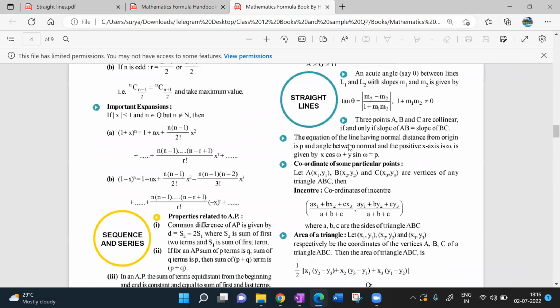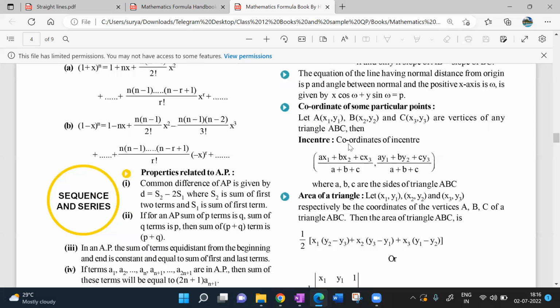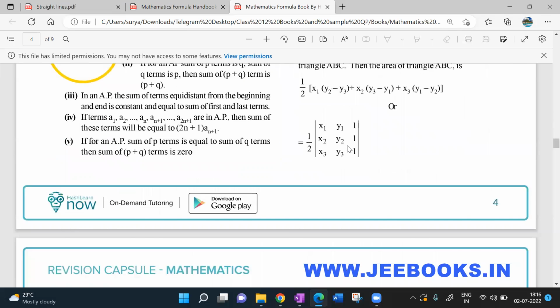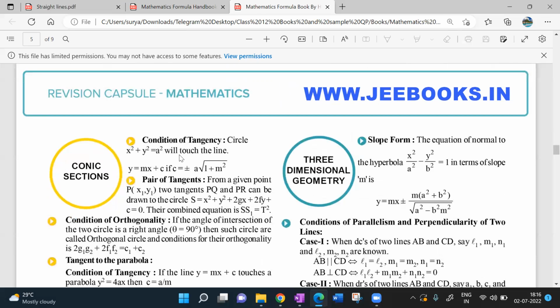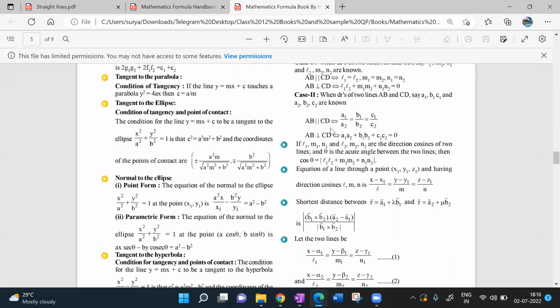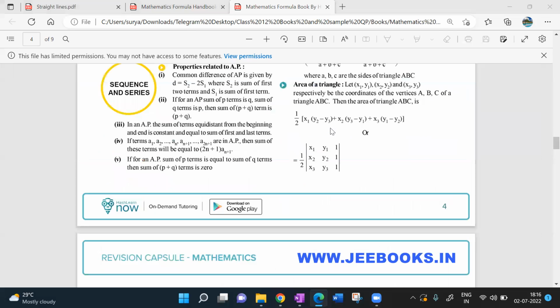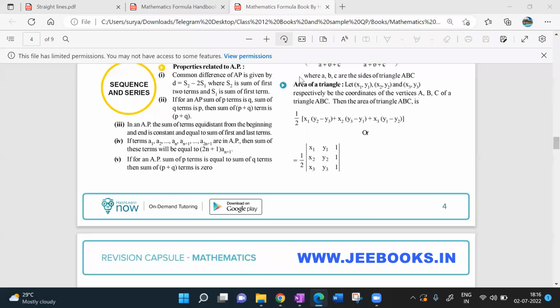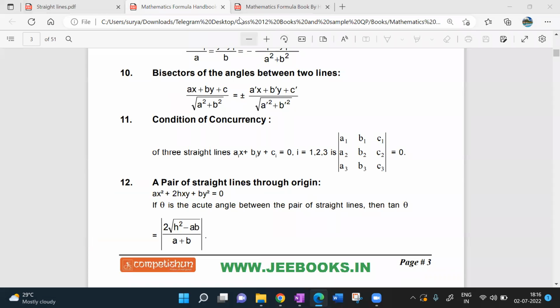He has given straight line formulas, coordinate geometry, coordinates of some particular points, area of triangle formula, and after that, condition for tangency, pair of tangents. Oh, just a conic section. And I think he has not given it in a well manner here. So let's stick to that PDF only. Yes, this is a good PDF. Everything he has given it.